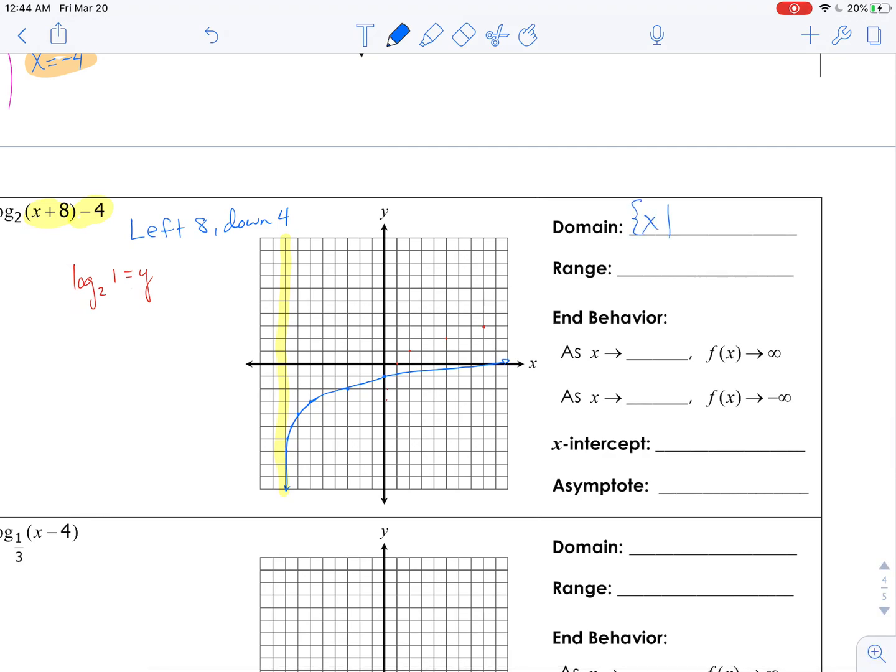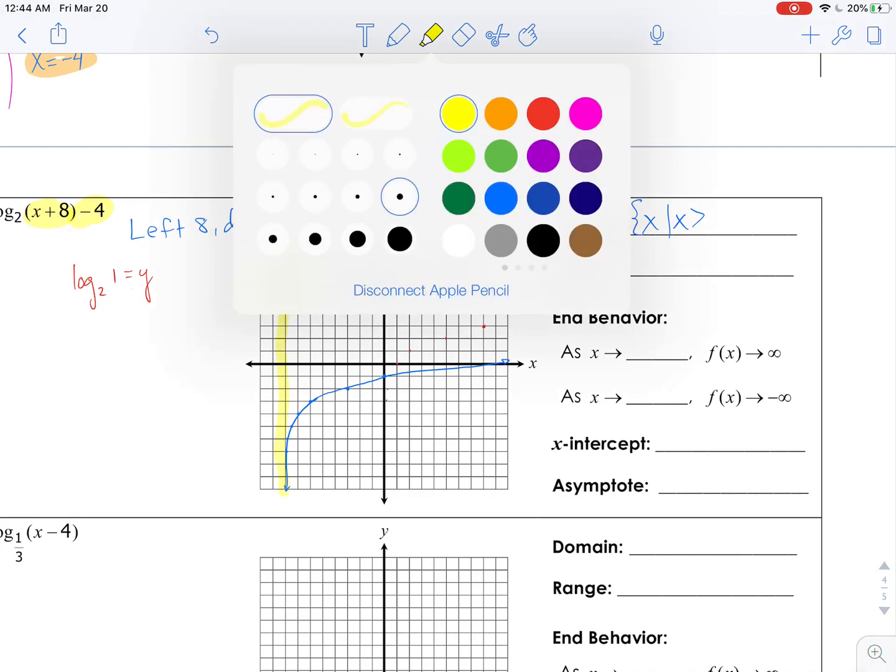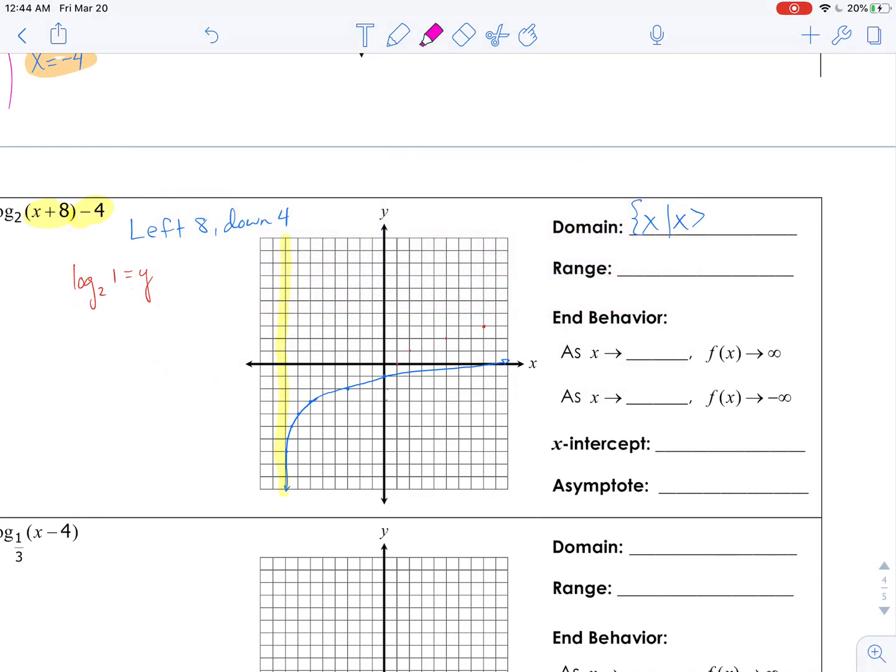And then we can just look at our graph here, that domain, of course. Domain is x. What is our x value restriction? So we can have any of these x values, but we can't have anything over here. So I've got x is bigger than -8, because remember our asymptote is at -8.